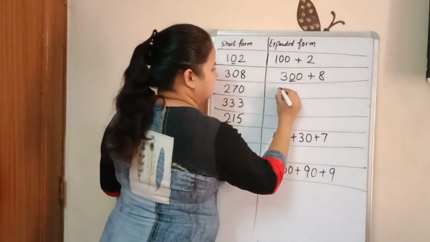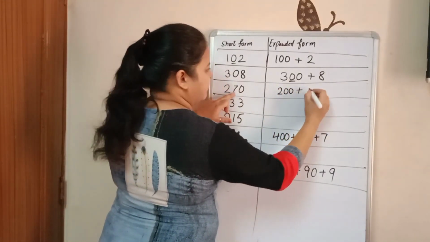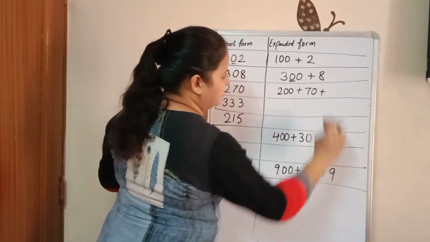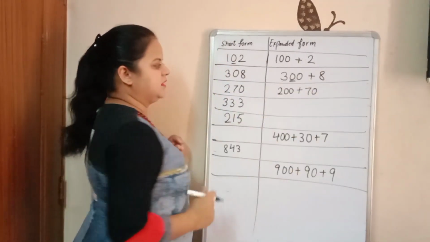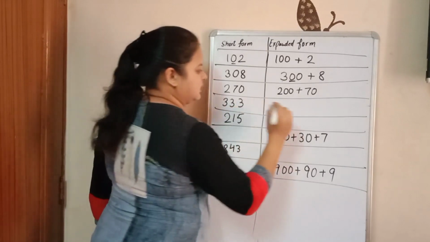270. 200 plus 70 plus 0. So here we will write nothing. 200 plus 70 is equal to 270. 333.